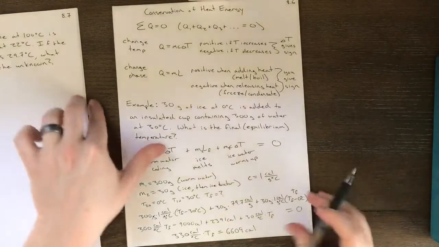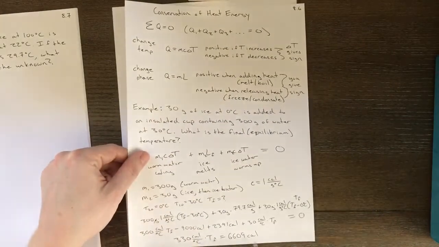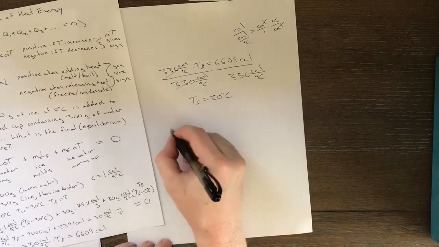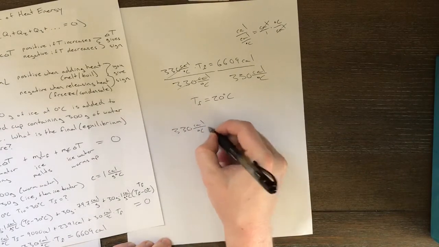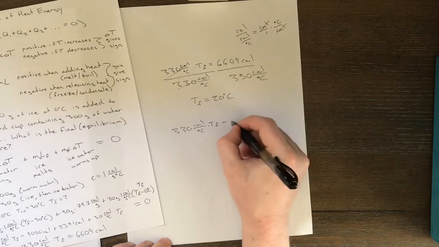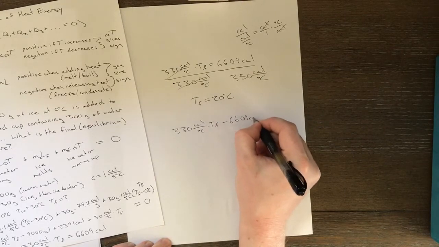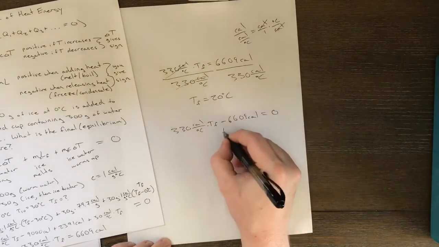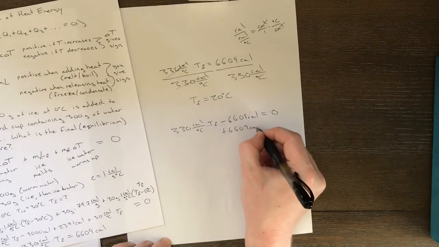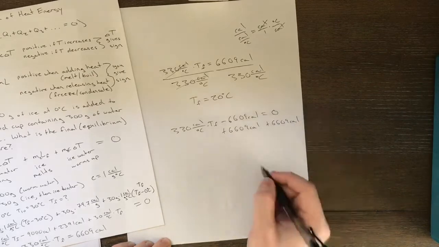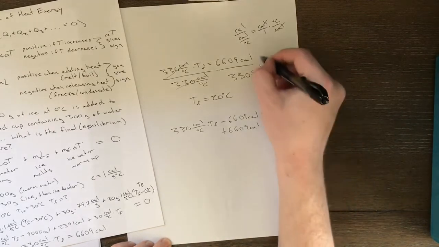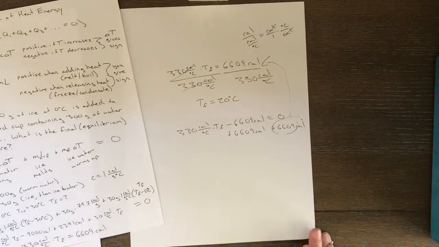And I kind of skipped that last step of adding things over. We really had 330 calories per degree Celsius times T final minus 6,609 calories equals 0. We add that 6,609 calories to both sides. That is where that got over to the right side.